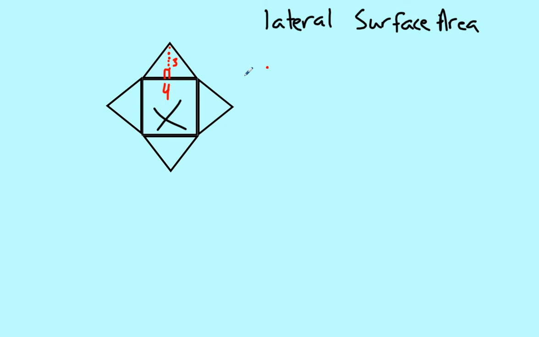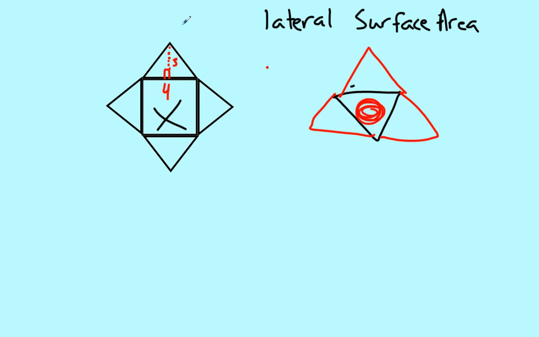And we know if it's a pyramid, the base is the shape that's not a triangle, unless it was a triangular pyramid. Like if this was our base, and then our lateral faces would look like that. So it's always the shape in the middle.